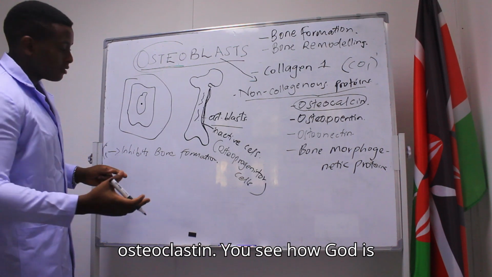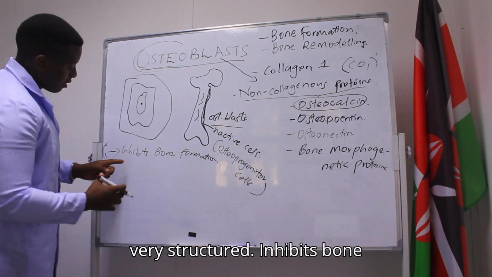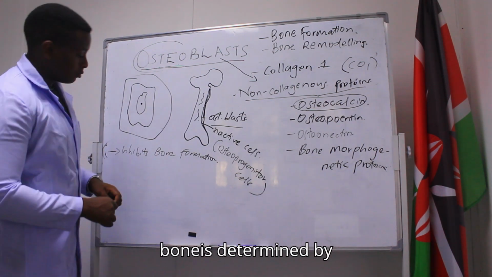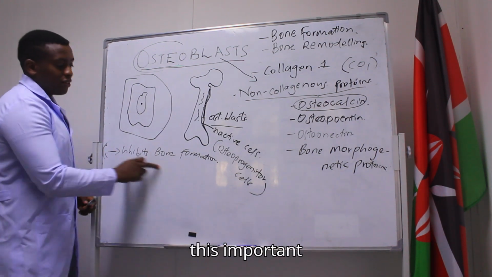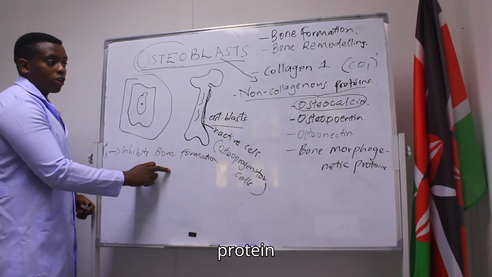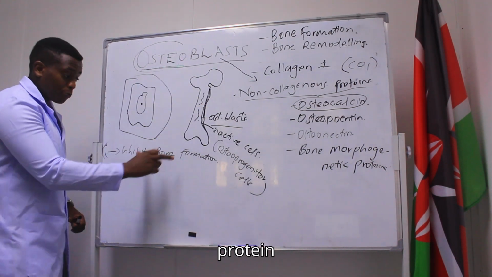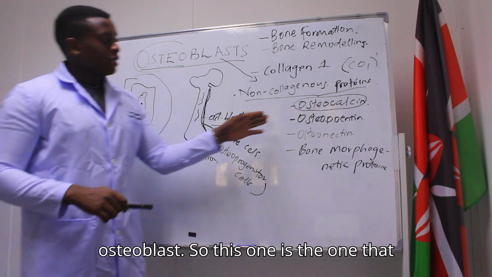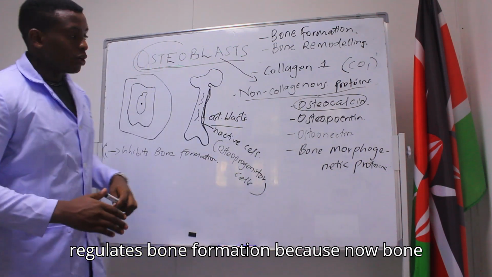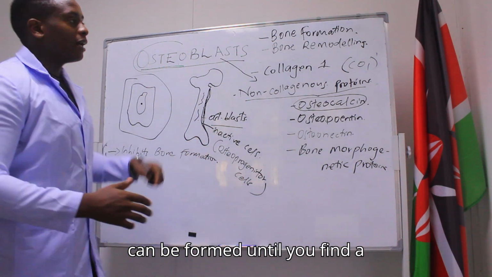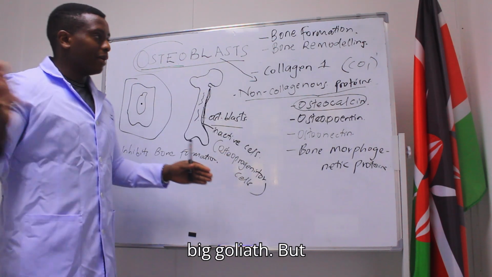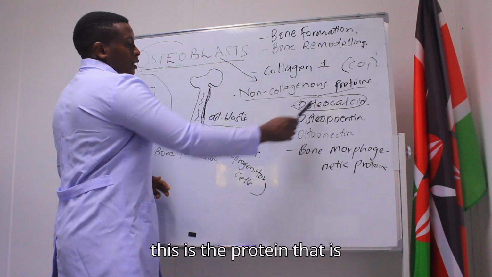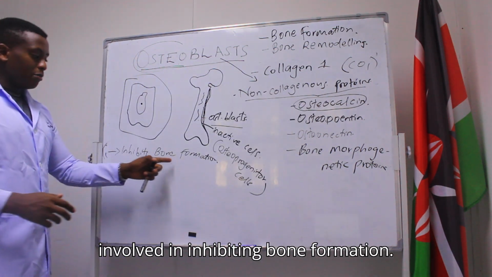You see how God is very structured. The normal size of the bone is determined by this important non-collagenous protein called osteocalcin that comes from the osteoblast. It regulates bone formation, because otherwise bone could be formed until you find a big Goliath. But this protein is involved in inhibiting bone formation.